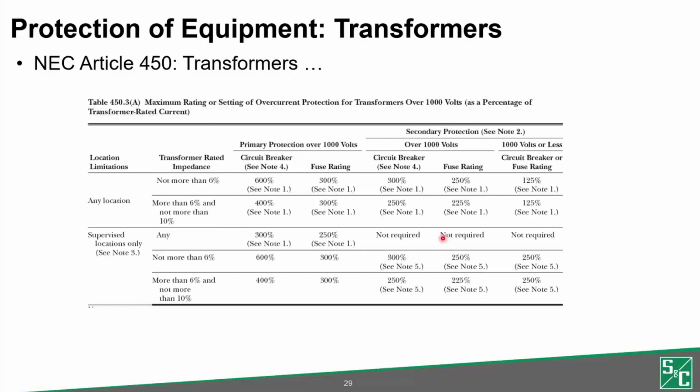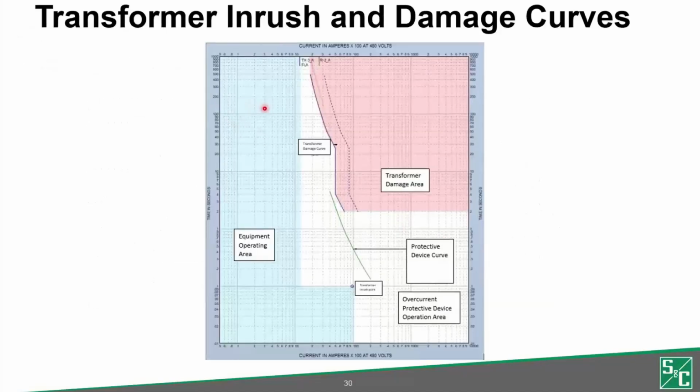But if we get to the TCC for transformers, we've got a bit more to work on than the cables and motors. So what we have here is the 3 different zones that we had before. We've got the equipment operating area on the left. We've got the damage area on the right.